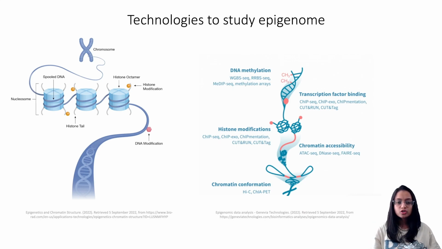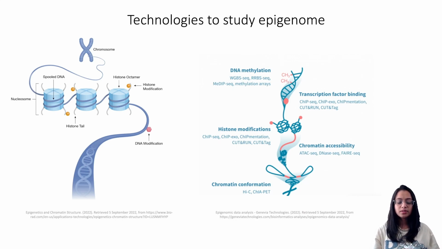Talking about modifications, one type of modification is DNA methylation, where methyl groups are added to the DNA. Methods like whole genome bisulfite sequencing and methylation arrays can be used to quantify DNA methylation status.